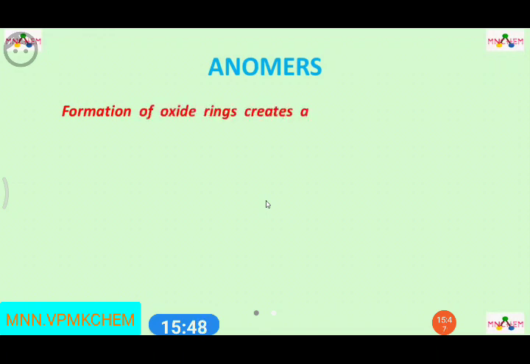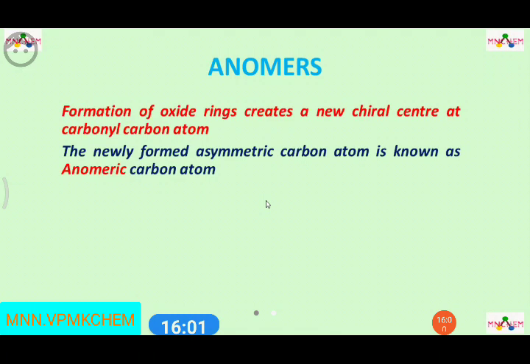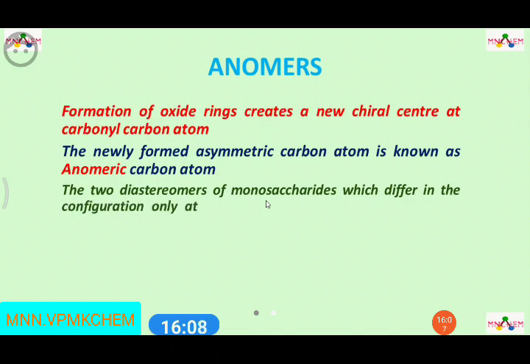The formation of the oxide ring creates a new chiral center at the carbonyl atom. The newly formed asymmetric carbon atom is known as the anomeric carbon atom. The two diastereomers of monosaccharides, which differ in configuration only at the hemiacetal or acetal, we can say anomeric, carbon atom, are called anomers.